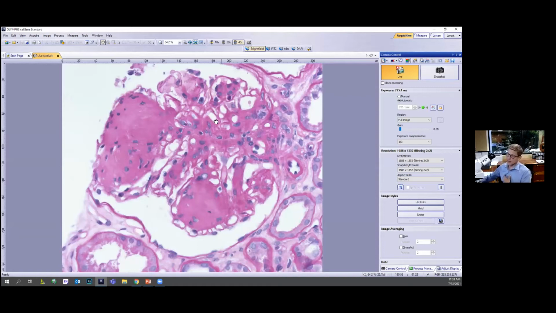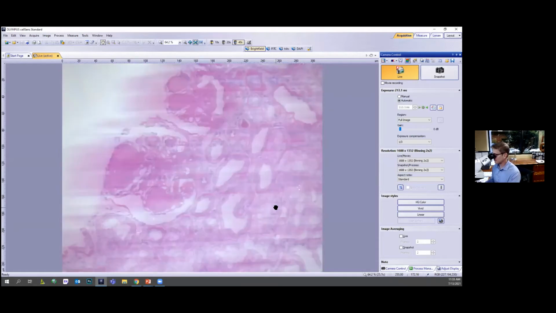Maybe there are some areas here that look just a little bit normal, but my goodness, what are these big solid areas of pink? They form what we refer to as nodules. This mesangial expansion is the classic finding that you see in diabetic nephropathy. So this is a patient with diabetic nephropathy.